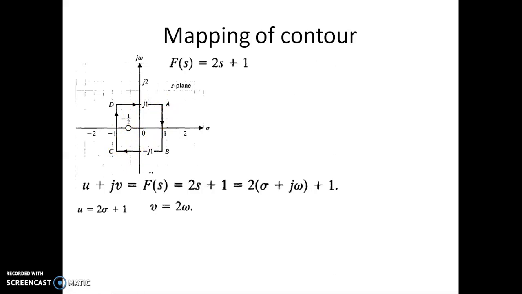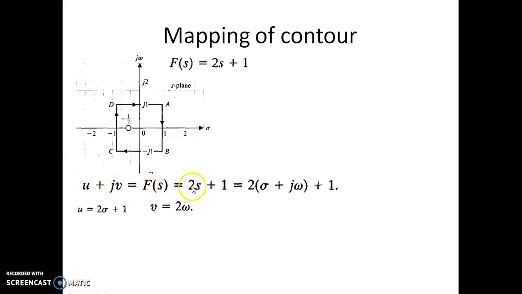Suppose I want to map it onto a different plane. Now this is the s-plane, and I want to map it onto the F(s) plane, where the x axis is sigma and the y axis is j omega. Suppose I change the x axis to u and the y axis to v.